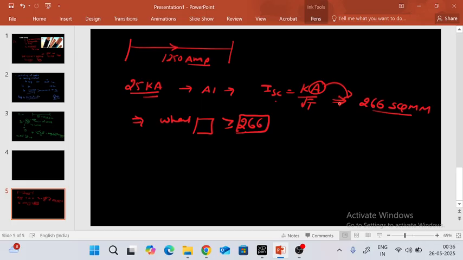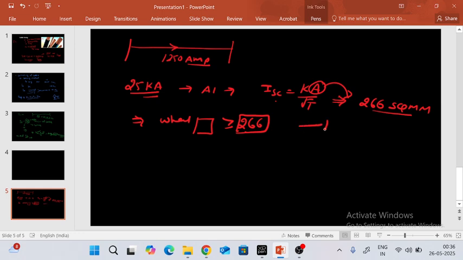But in a worst case scenario, when a fault comes in the system and it has to carry this 25 kilo ampere current, your cable will not be able to withstand it. Leakage or a blast can occur in this particular cable, and you have to replace it with a new cable. Then again there is the capex cost. So this is not a reliable power system, and that's why this is required.